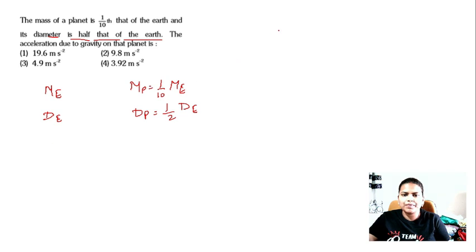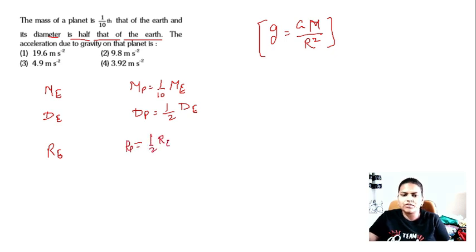We know small g is equal to capital G into mass divided by the radius square. The diameter is given, and from this we can find the radius, which is half of it. So the radius of the planet is half of the radius of the Earth.